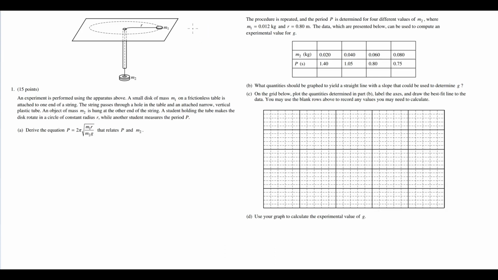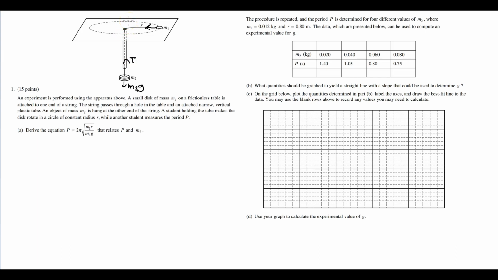You have this thing. Well, what is the centripetal force in this case? So let's first start at M2. M2 will have M2G, and it's trying to balance out the tension force, right?